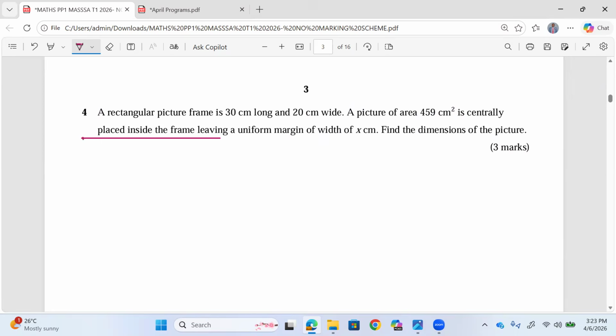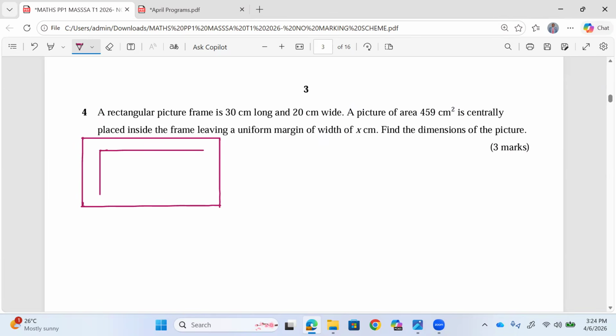You know, we are having a frame here. This is a rectangular frame. Then inside the frame, we are going to mount a certain photo or picture, such that it leaves a uniform margin of x centimeters.